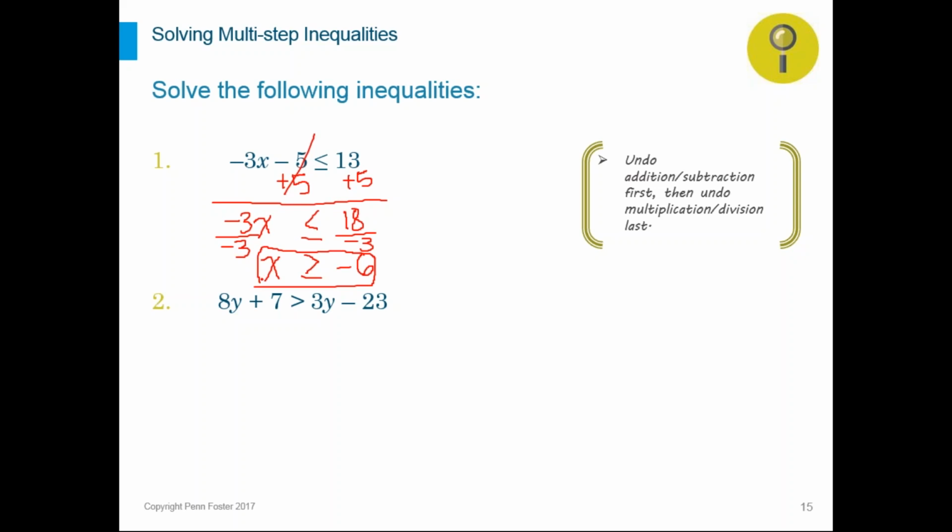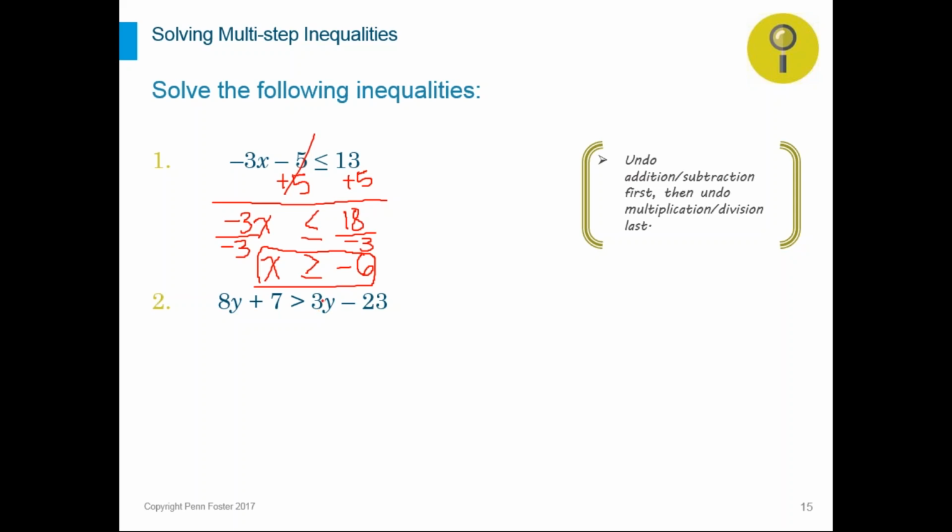Let's do number 2. 8y plus 7 is greater than 3y minus 23. The special thing about this problem is that we have addition and multiplication, but also our variable y appears on both sides of the inequality. What should we do? The same thing that we used to do with equations.